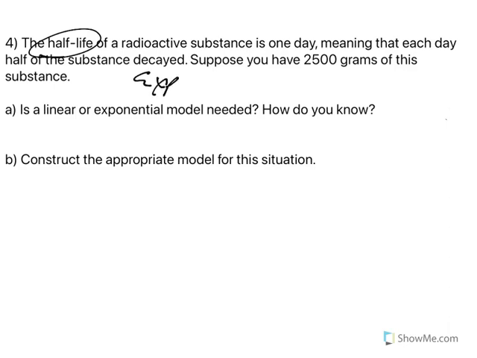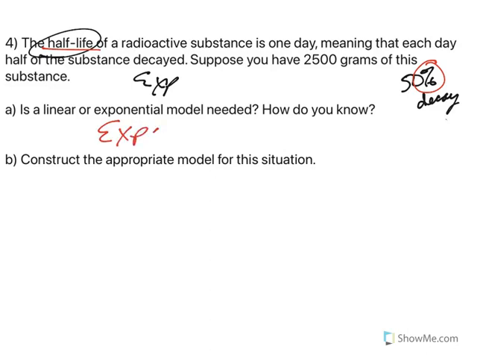What I want you to think about is half-life means 50% decay, right? 50% is leaving each day. So really, they do give you a percentage. They just give it to you in that it's half-life. So 50% decay.